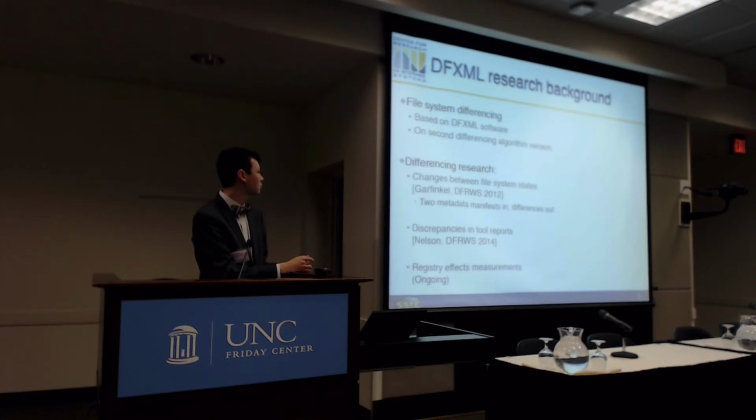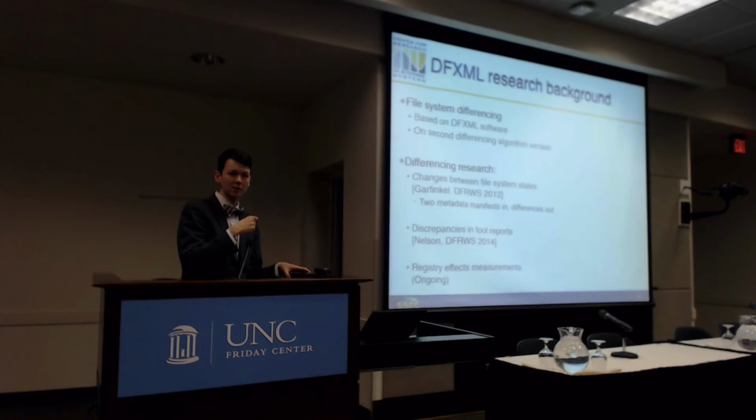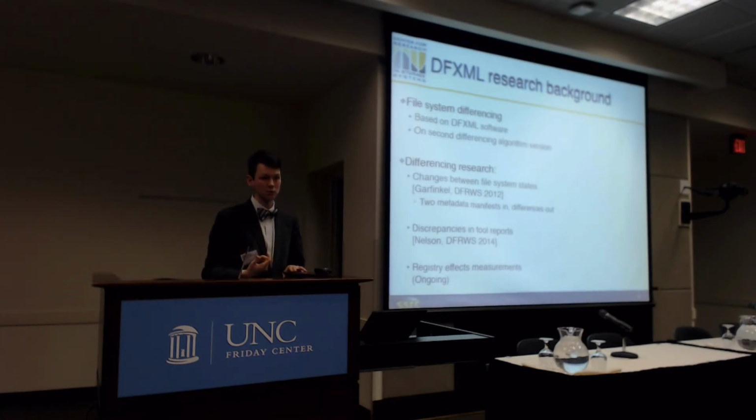The original general differencing strategy that we published was in DFRWS now 3 years ago, to take two file system states or just their metadata manifests and say, here's what's changed. You could abstract that one level higher to say, okay, these two manifests could represent anything. So we needed to do a project analyzing the Xbox 360.